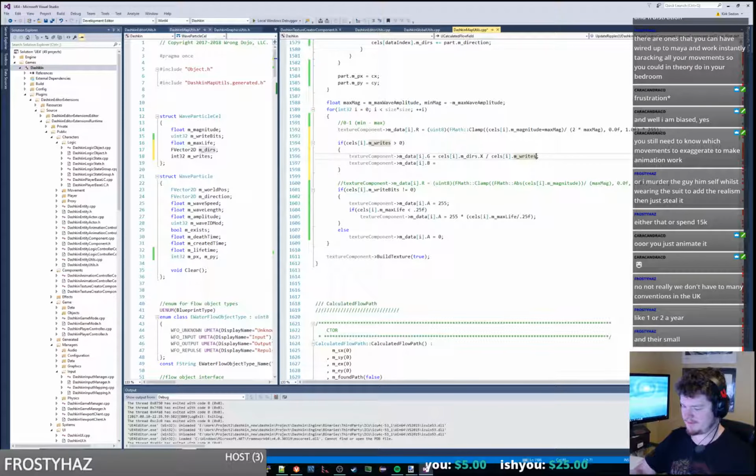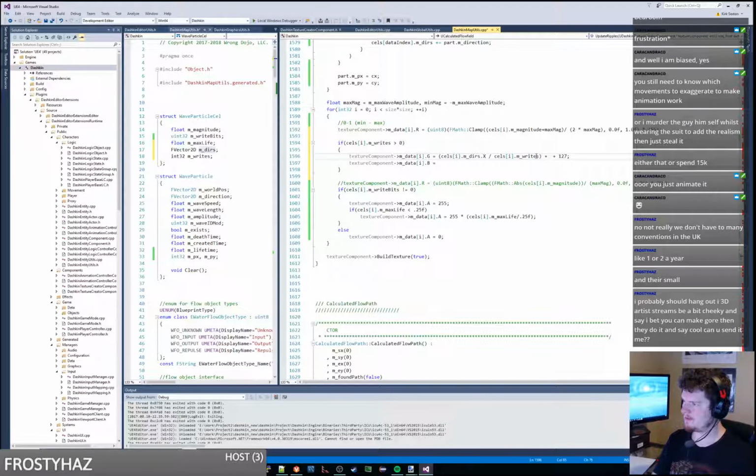So this should take it from -1 to 1. So we should be able to add 1 to it. If we add 1, divide by 2, and then multiply by 127, we should remap it properly.